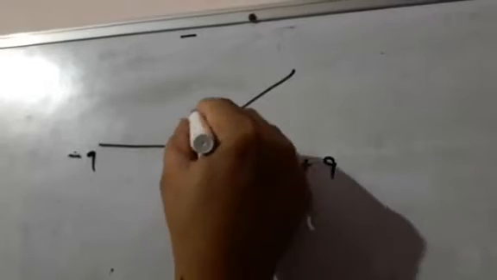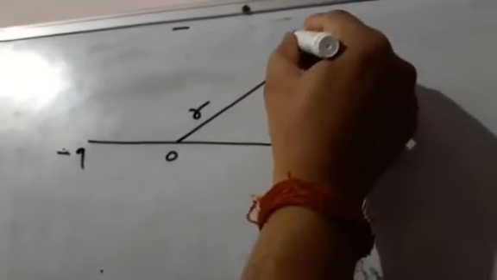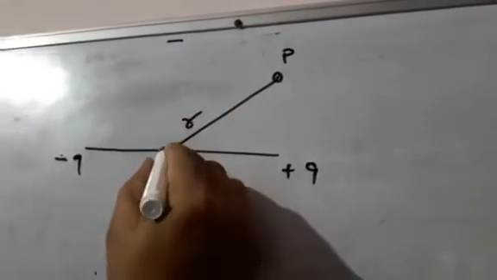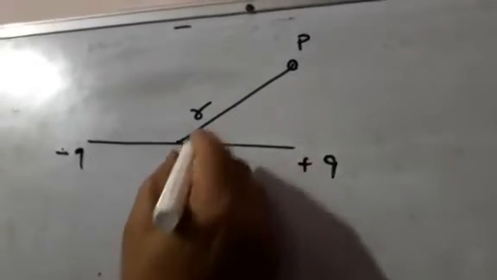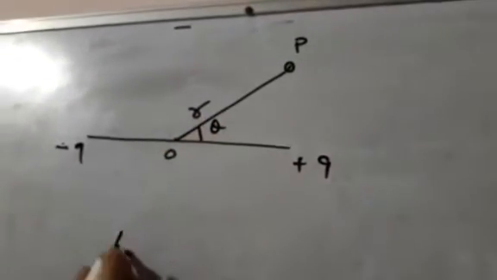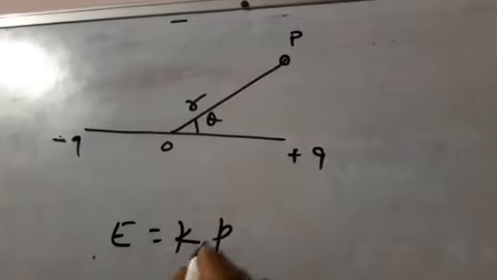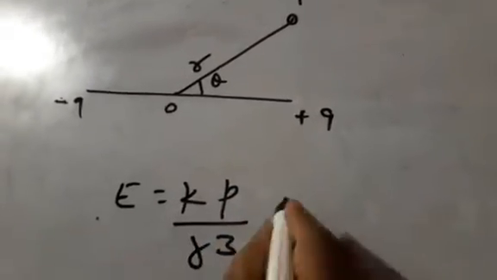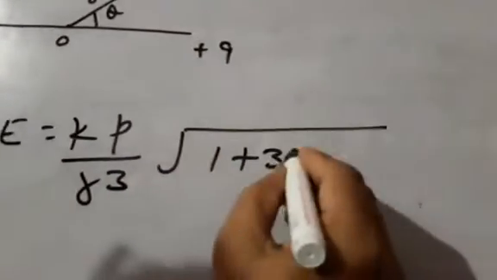Some other question is based on electric dipole. So we will remember a result. Intensity at any point P at a distance r from midpoint of dipole is equal to constant P upon r cube under root 1 plus 3 cos square theta.